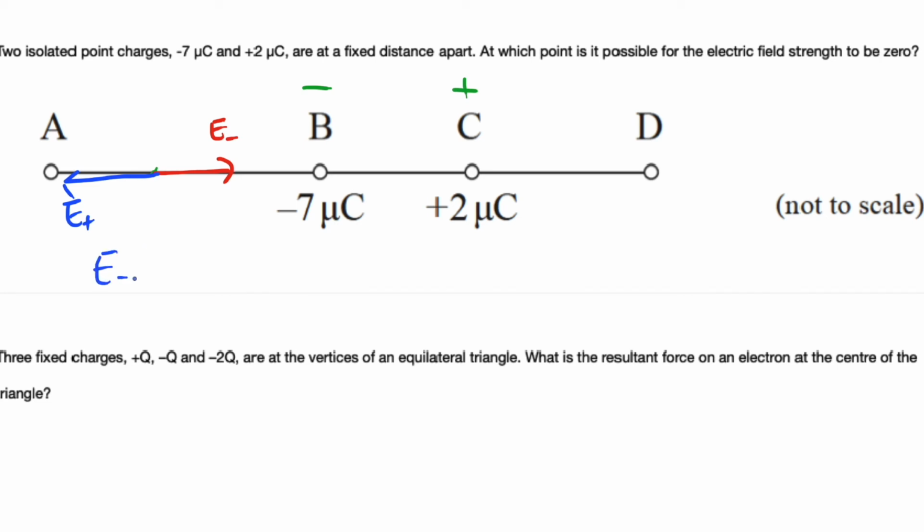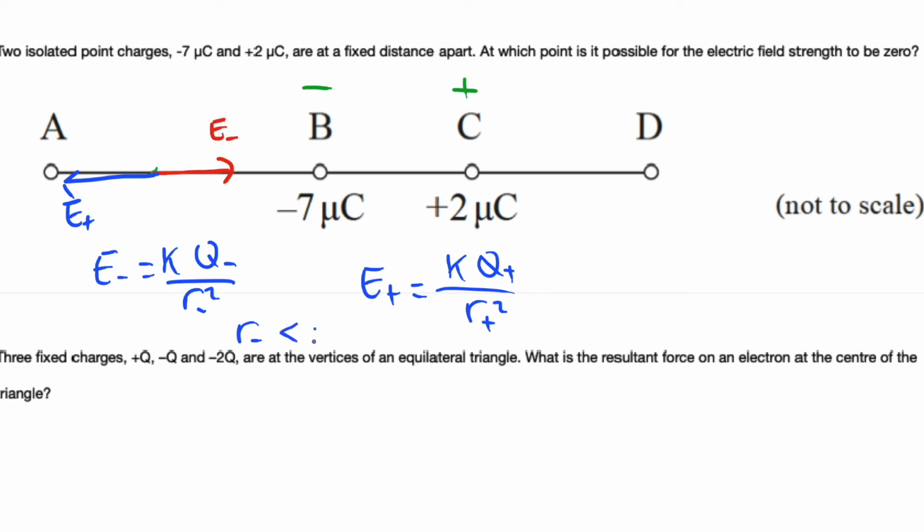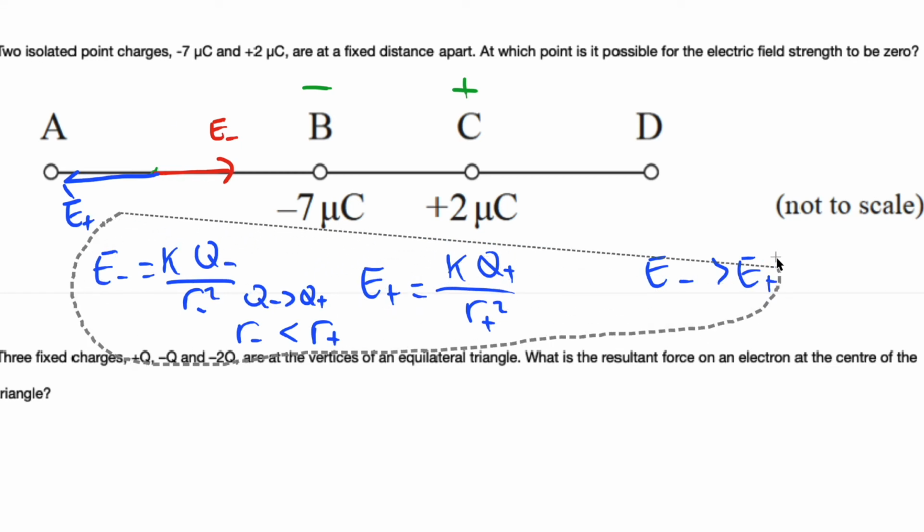So E minus is equal to K Q minus over R minus squared. E plus is equal to K Q plus over R plus squared. R minus in this case is less than R plus. Q minus is greater than Q plus, which means that E minus will always be greater than E plus. So it cannot be in this region. It cannot be between A and B.